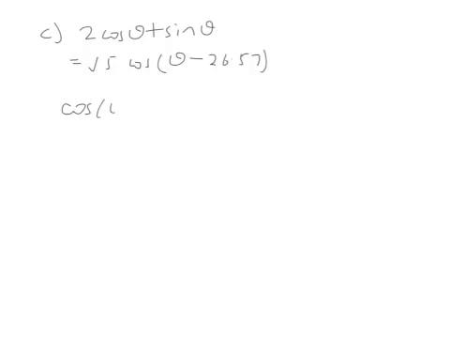In part C, we've now got to consider 2 cos theta plus sine theta, and that must be root 5 cos theta minus 26.57. So the smallest positive value of theta for which that is true, well, it's the same equation as we had before, but with a plus sign, as with a minus sign.